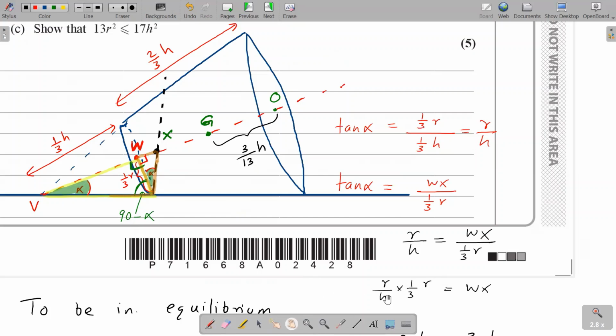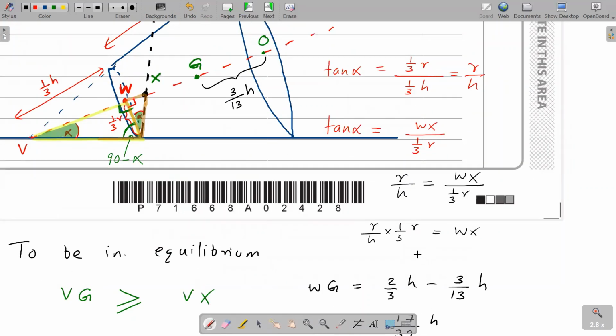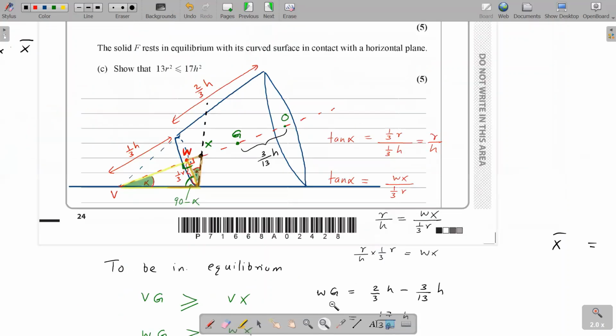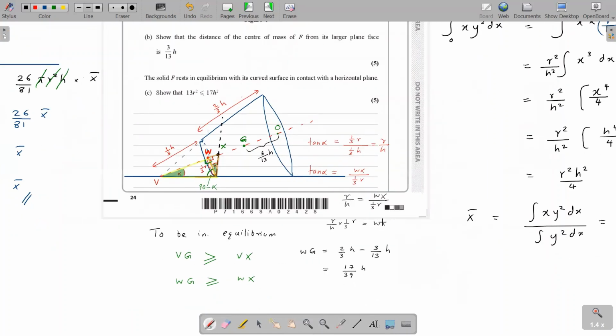So what do you get here? 1 over 3r, I brought it immediately as a multiplication. What do I get? r square over 3h is equal to WX. Do you agree? So WX will be equal to r square over 3h. Children, do you agree?